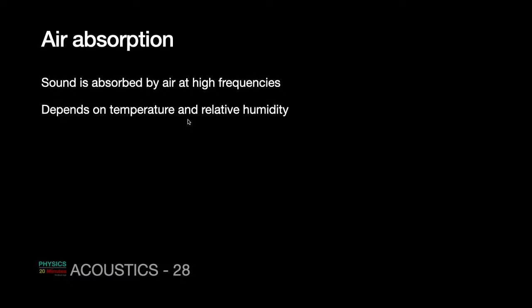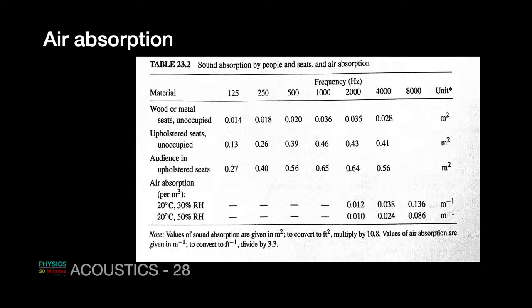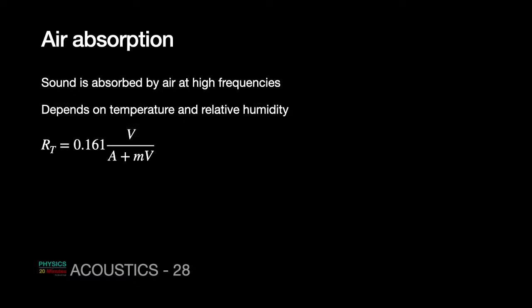It also depends on relative humidity. If you include that factor, the formula looks this way. The earlier formula was 0.161 V by A. Now you introduce another coefficient into the volume of the room. V is the volume, M is the coefficient.